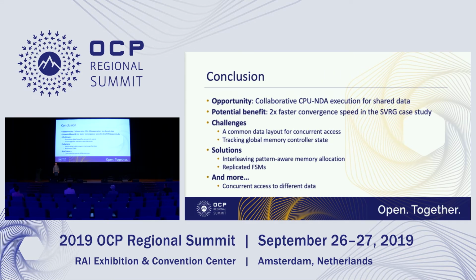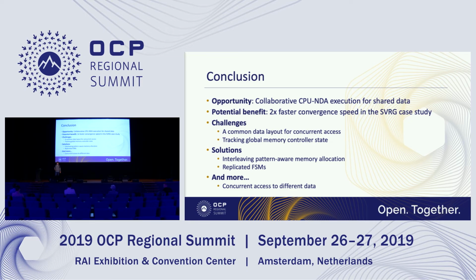For the conclusion, there is an opportunity for the CPU and NDA to collaboratively process the same data. The potential benefit was, in our SVRG case study, a 2x faster convergence speed with the delayed update optimization.